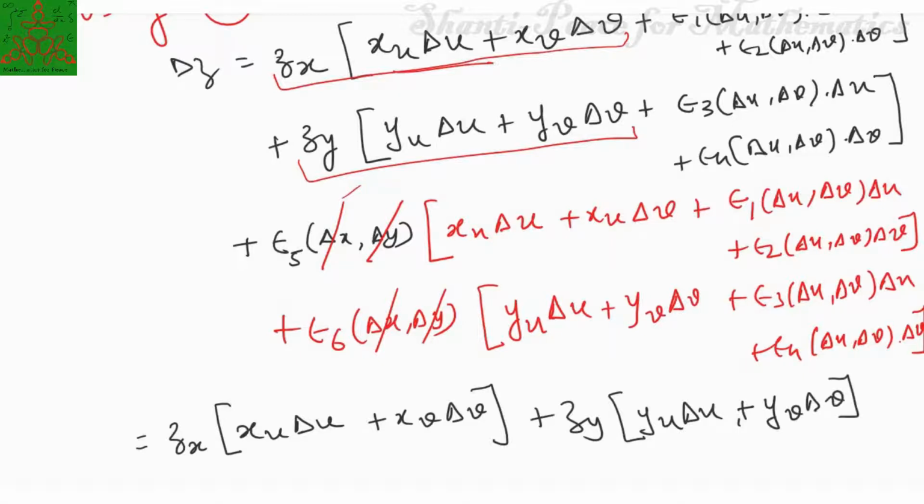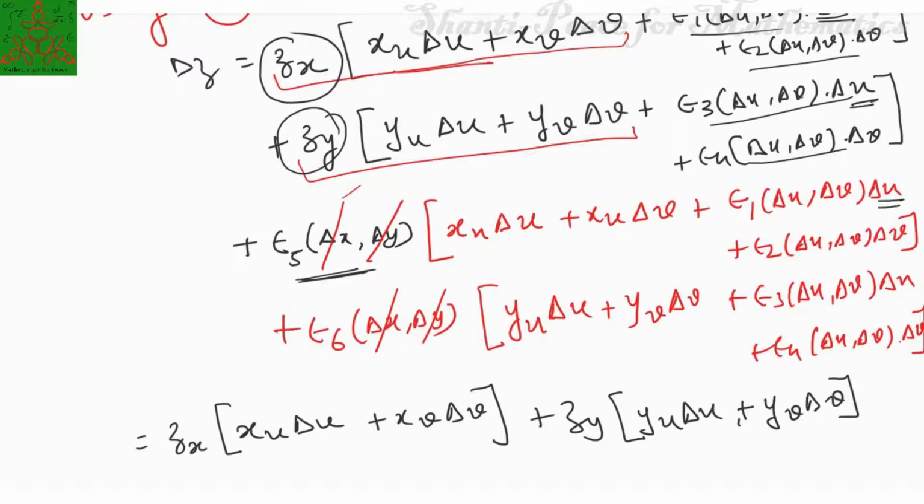Now what is the remaining term? This zx will multiply this quantity, zy is multiplying this quantity, and this epsilon 5 is multiplied to the whole of them. I can write down the terms containing delta u, so whatever the coefficients of delta u, I am writing first.